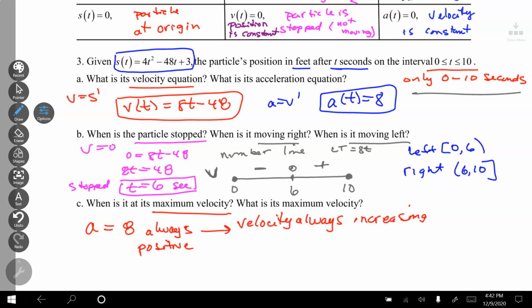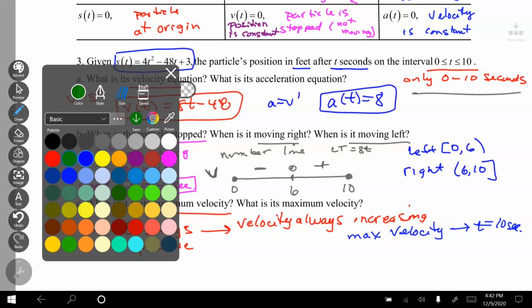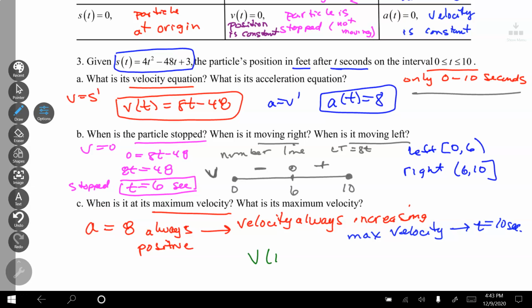From 0, that means if the velocity is always increasing, the maximum velocity will be when t is equal to 10 seconds, because that's my maximum time. So I put 10 into the velocity equation. I get 8 times 10 minus 48, and I get my maximum velocity is equal to 32 feet per second.